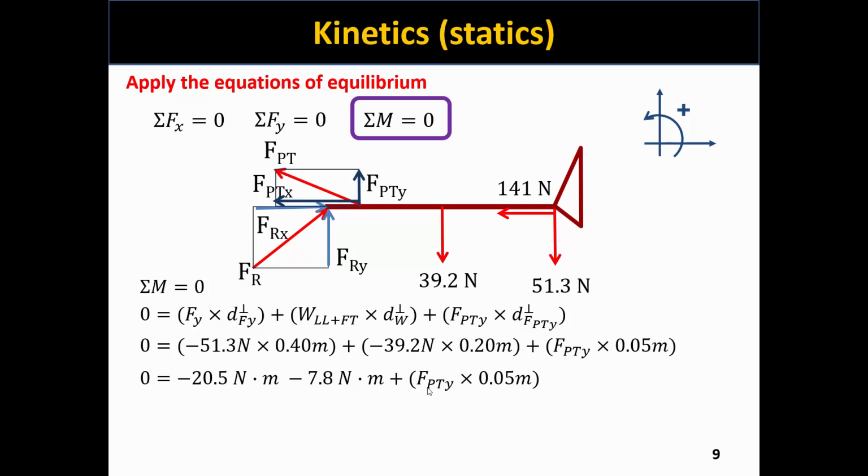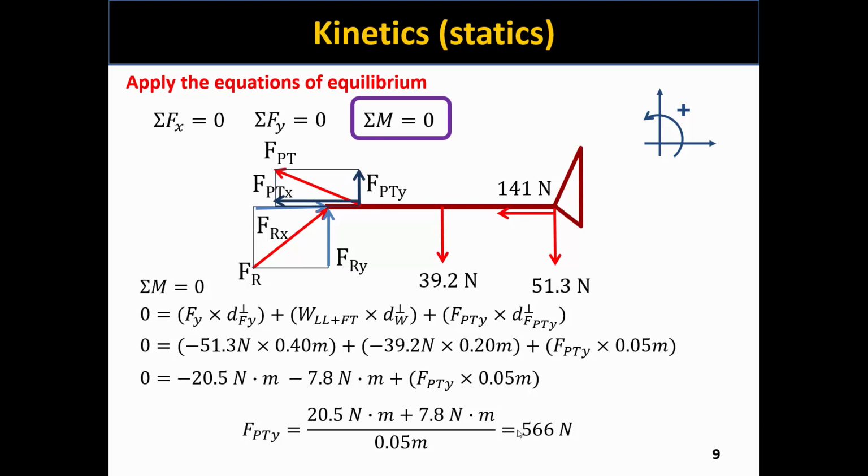So now we can isolate FPTY in this equation, transpose everything to the other side, and we end up with this fraction where we have 20.5 Newton meters plus 7.8 Newton meters. The two negatives become positive when we bring those to the other side. And then we divide both sides by 0.05, and we have a force of 566 newtons generated by the y component of the patellar tendon force.